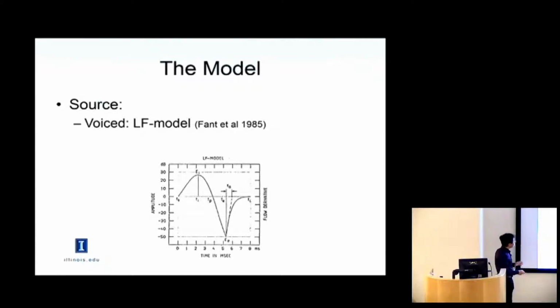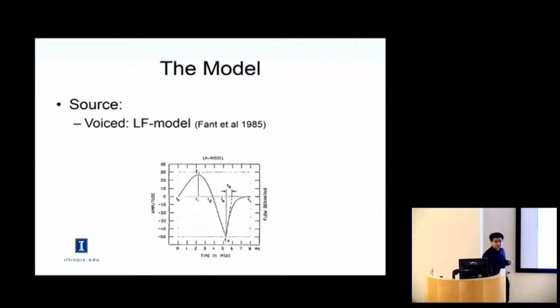The reason we look at the first-order derivative is that the radiation at the lips can be modeled as a first-order differentiator. So this is the first-order derivative according to the LF model. It has three phases. The first phase is where the derivative is positive.